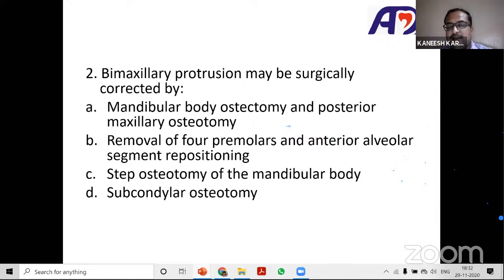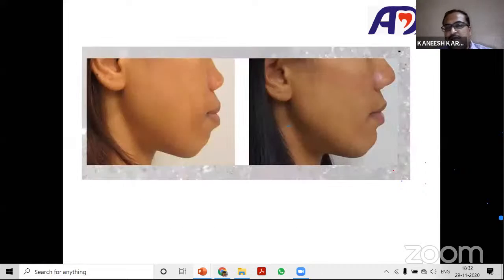Bimaxillary protrusion may be surgically corrected by, yes, correct, removal of 4 premolars and anterior alveolar segment repositioning. So this is a case of bimaxillary protrusion. You see here her maxilla and mandible both are proclined.